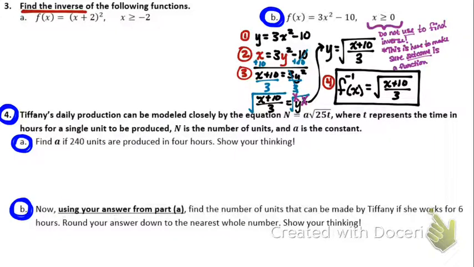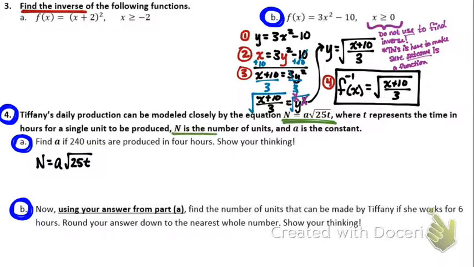Number 4. When you read through that text up at the top, before we even get to part A, what jumps out at you? N equals A square root of 25t. Yes, we've got an equation there. What does the N stand for?